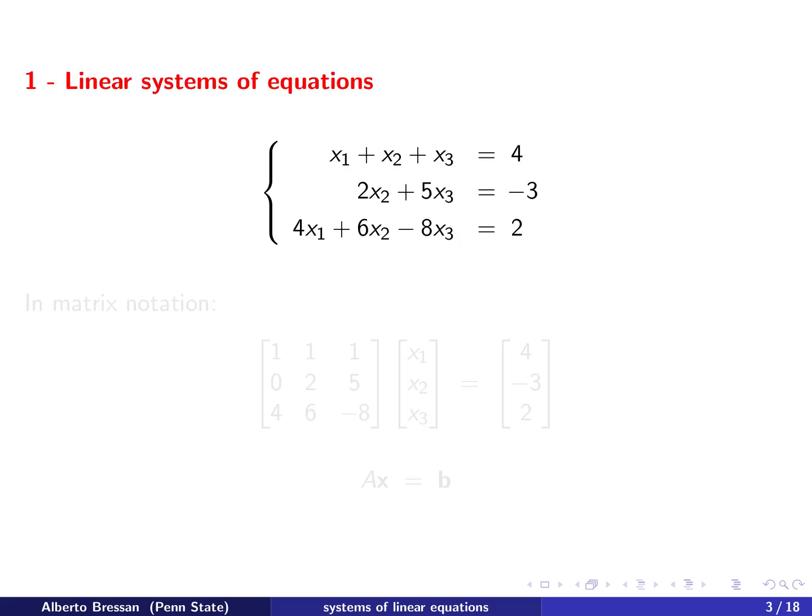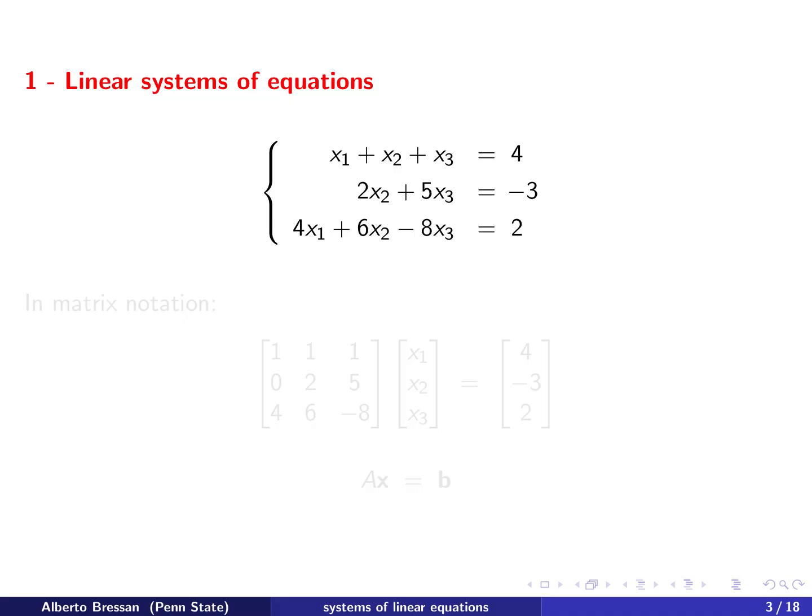A brief recalling of a linear system of equations, which we have possibly already encountered in high school. Say you have three unknowns, x1, x2, and x3, and they satisfy some relations. Let's say we have these three equations written out for these unknowns.